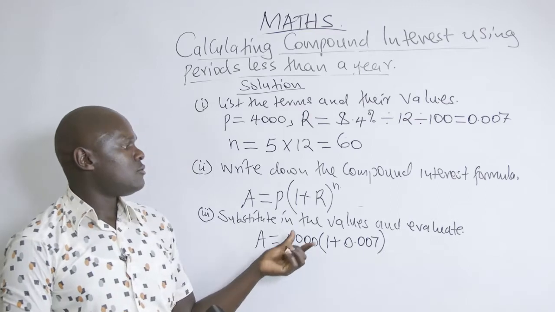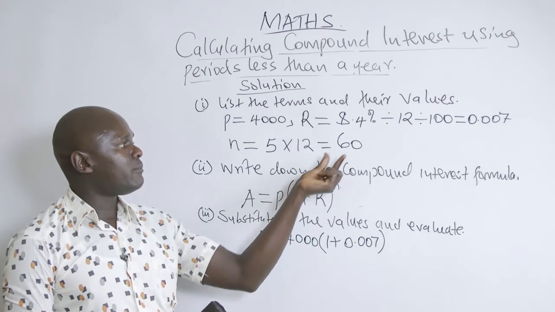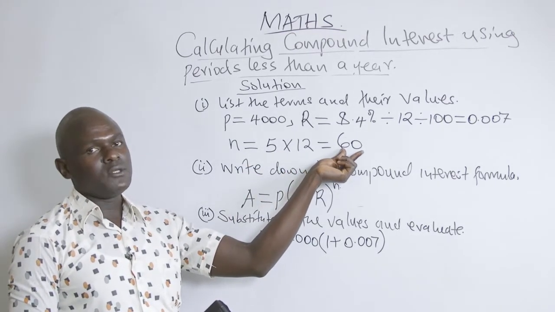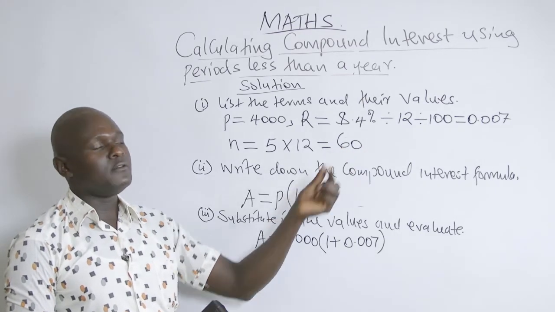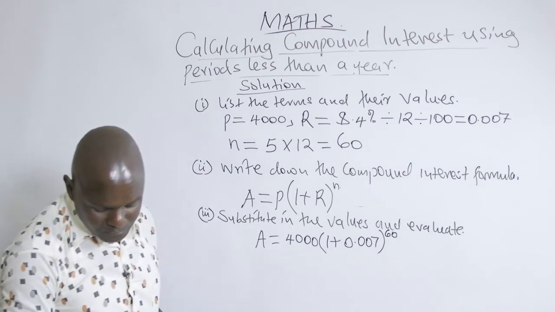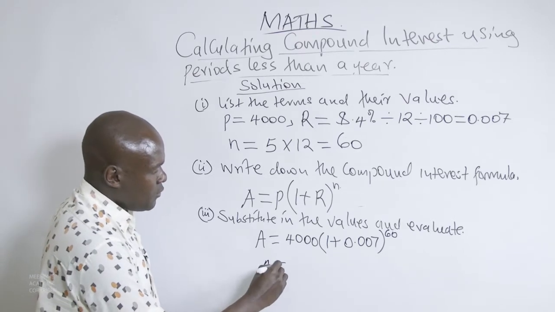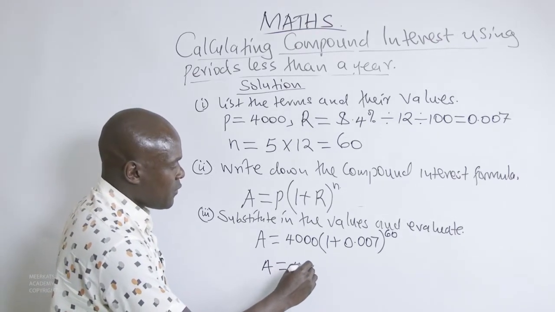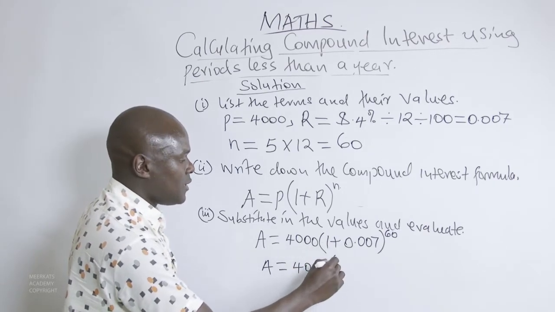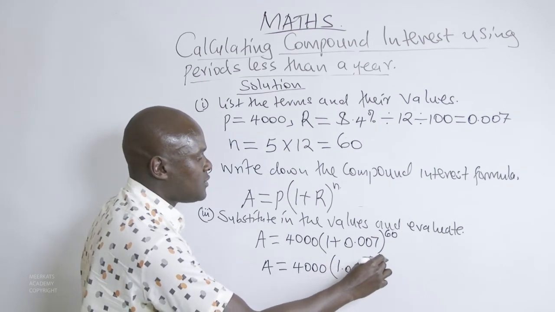And also, the number of periods that we are going to apply is no longer 5, but we are going to use 60, because these are the number of months in 5 years, raised to power 60. Then this will give us 4,000 multiplied by 1.007 raised to power 60.